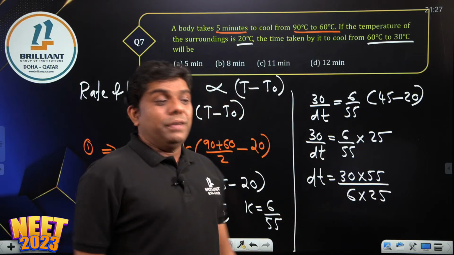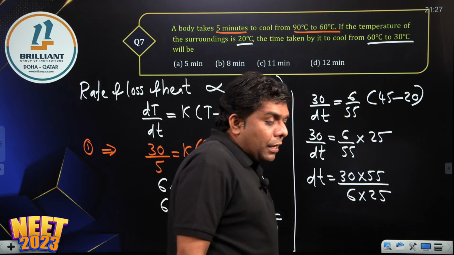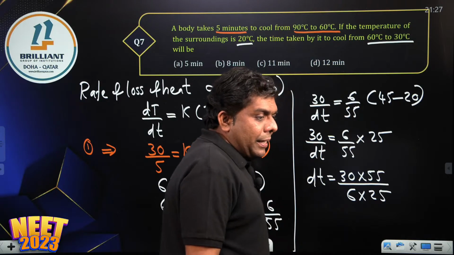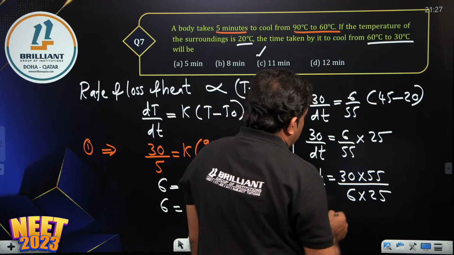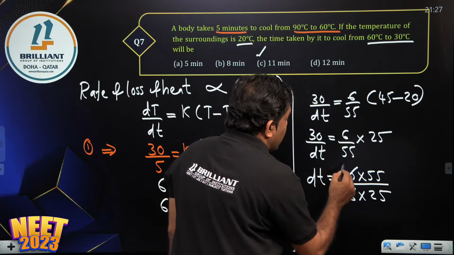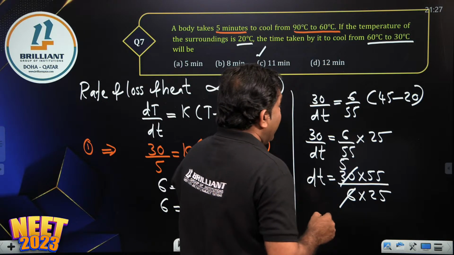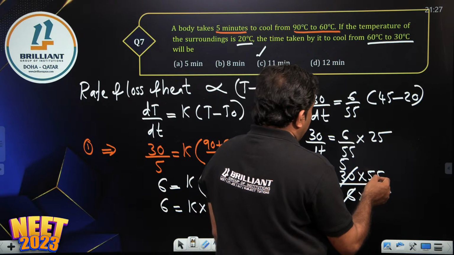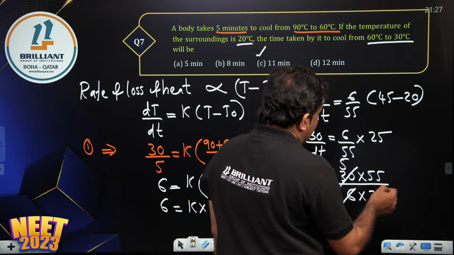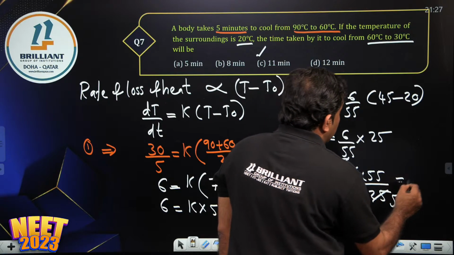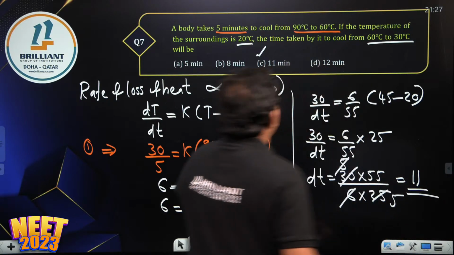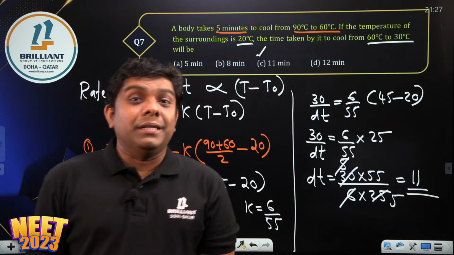So we are simplifying that correctly. The right answer, 11 minute, will be there. You can simplify 30 and 6, so it is 5 coming, and then we can simplify 55 and 25, divided by 5. So 55 by 5, that is 11 minute is the right answer.